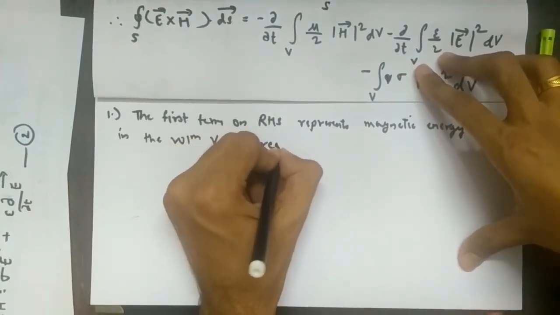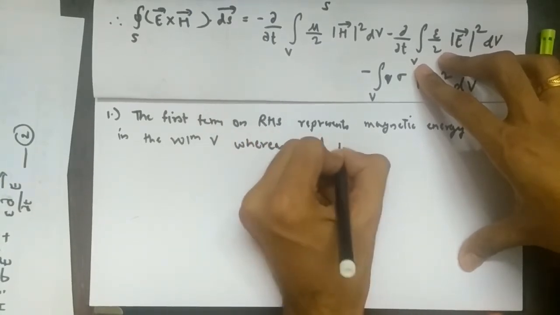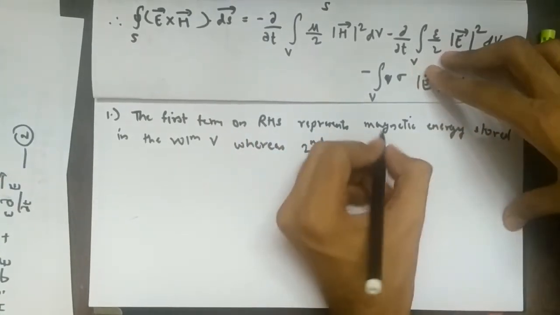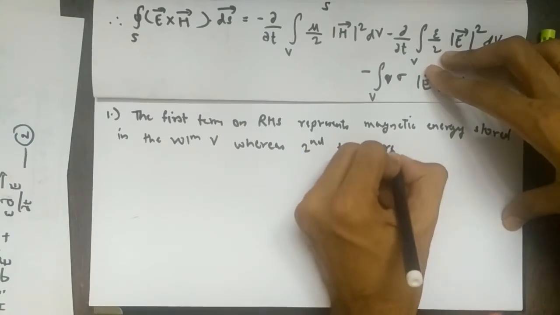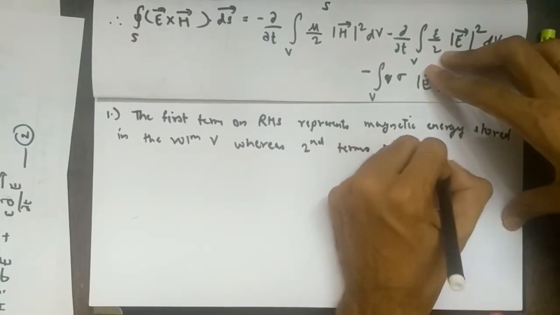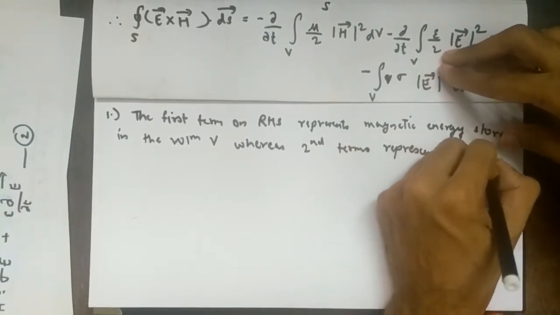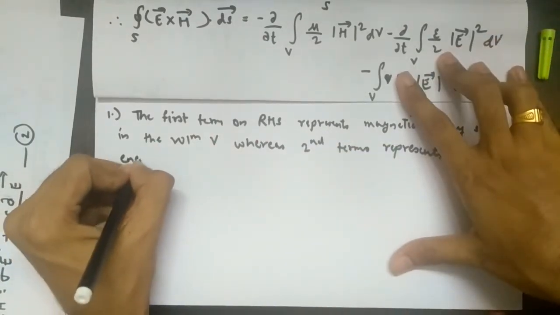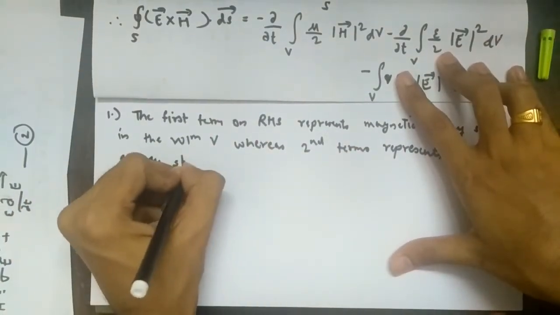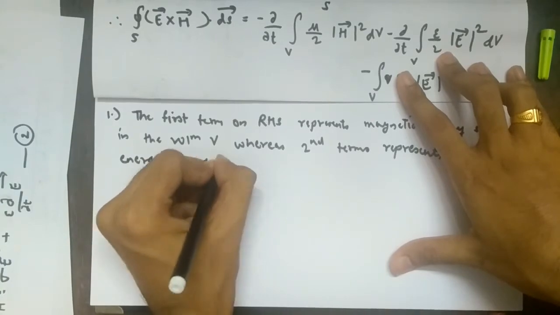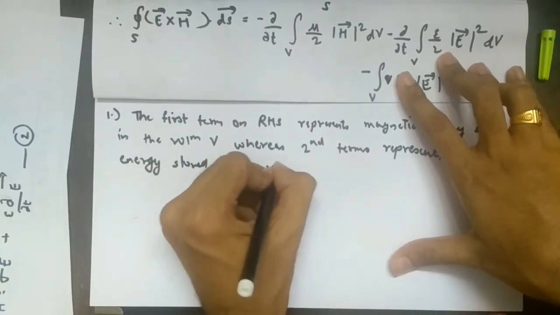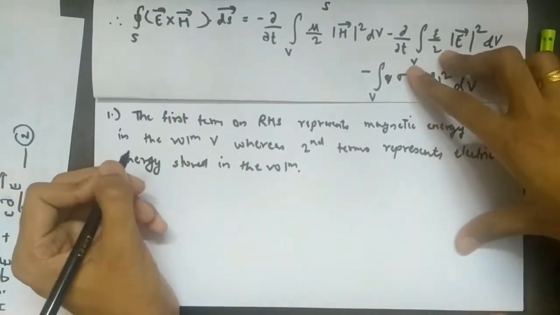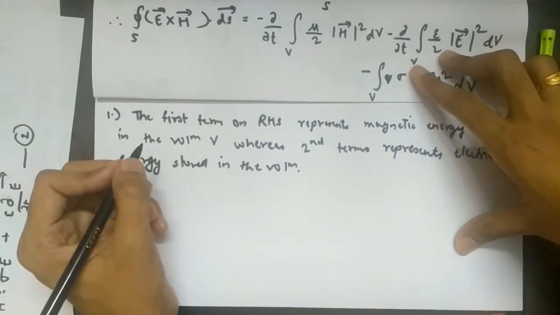Whereas the second term represents electric energy stored again in the volume, right?